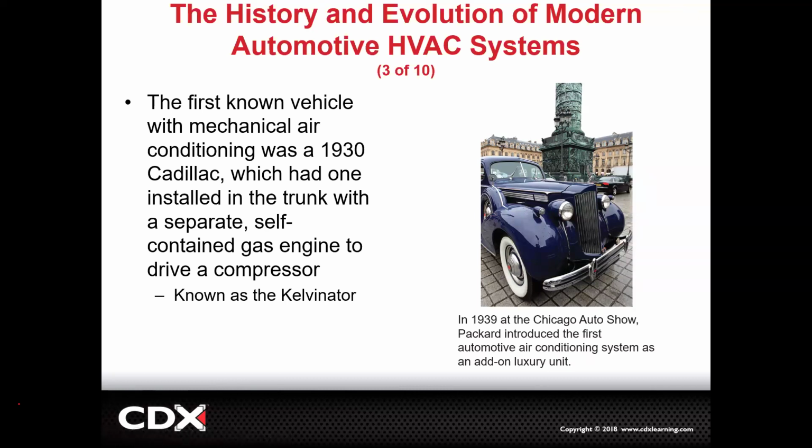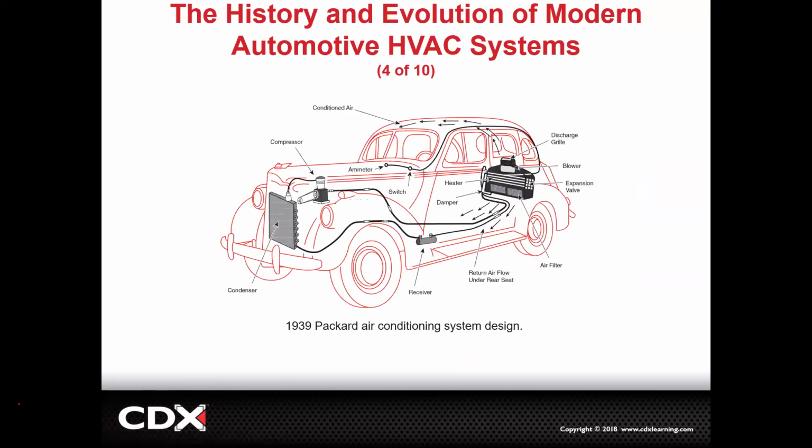And then a little bit later, in '39, Packard came out with a vehicle that had AC that was a little more traditional. If you look at this cutaway, it's pretty similar to how we are now. We've got a compressor, a belt, a condenser. The compressor circulates the refrigerant.